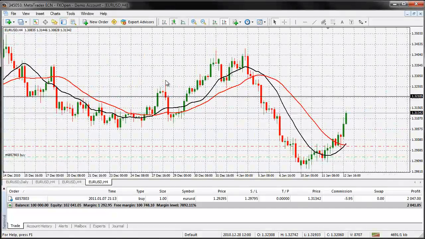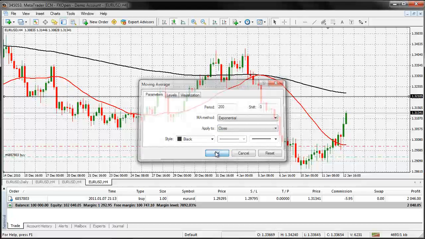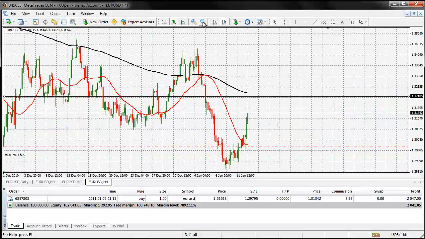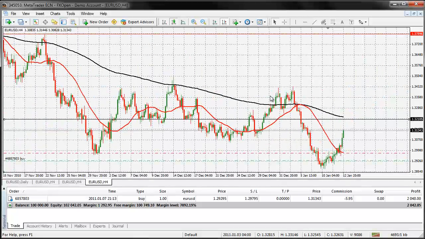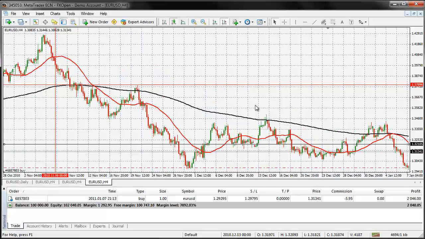So play around with those, and you can add as many as you like on here. Another one really is what most traders use, is the 200 moving average, and then they set it to exponential. Alright, and this is a true trend changer. When it breaks, you'll see several instances where it breaks by a considerable amount, and we're looking for the bodies to break.